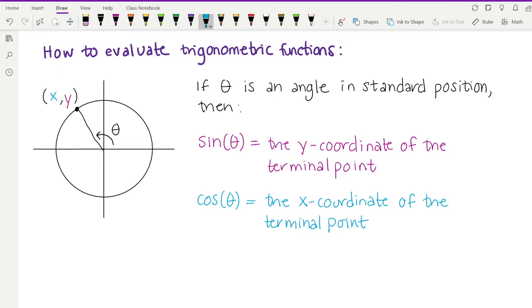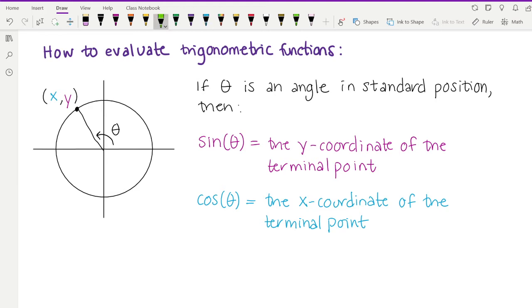So basically, if you're trying to evaluate trig functions of an angle, you want to take that angle, sketch it in standard position, and then apply all the stuff we talked about in our previous video to figure out what that terminal point is. Once you have the terminal point, the x coordinate will tell you cosine of the angle, and the y coordinate will tell you sine of the angle.